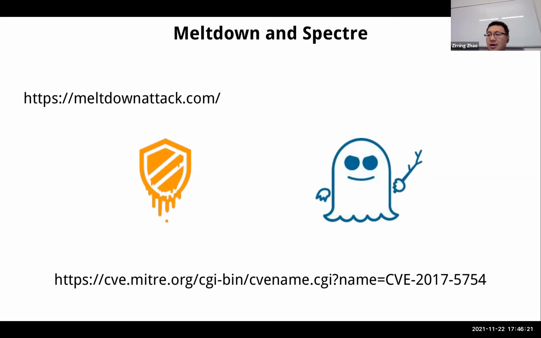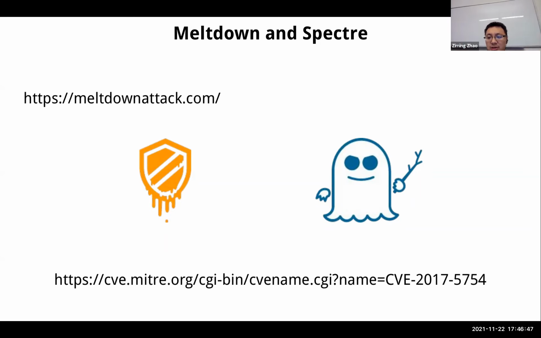Meltdown allows an attacker with a low-privileged process to read all memory locations, even if it is not authorized to do so. So a user application can use Meltdown to read other applications' memory content and also the kernel's memory content.